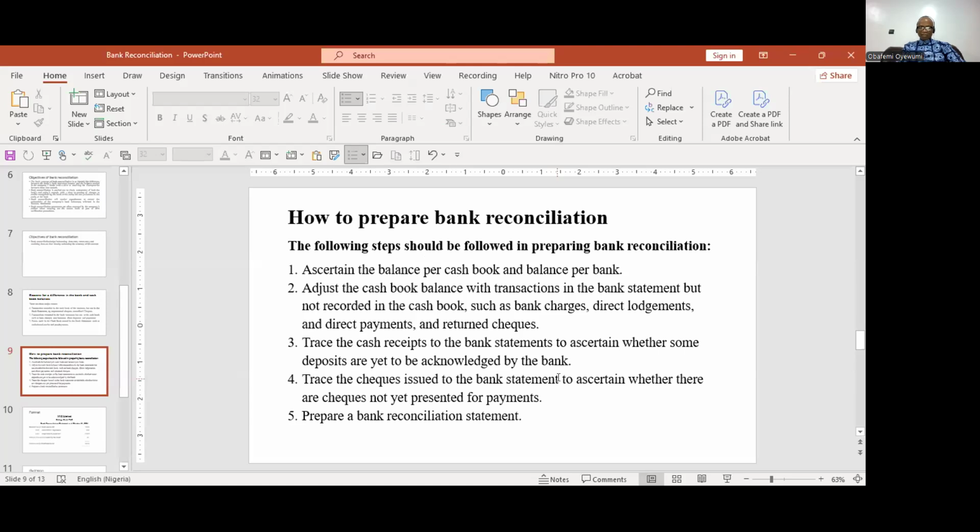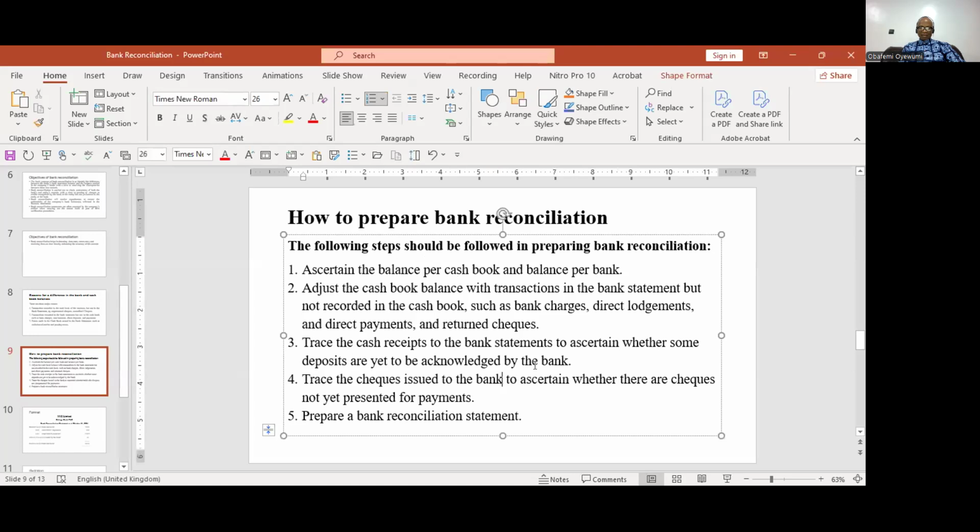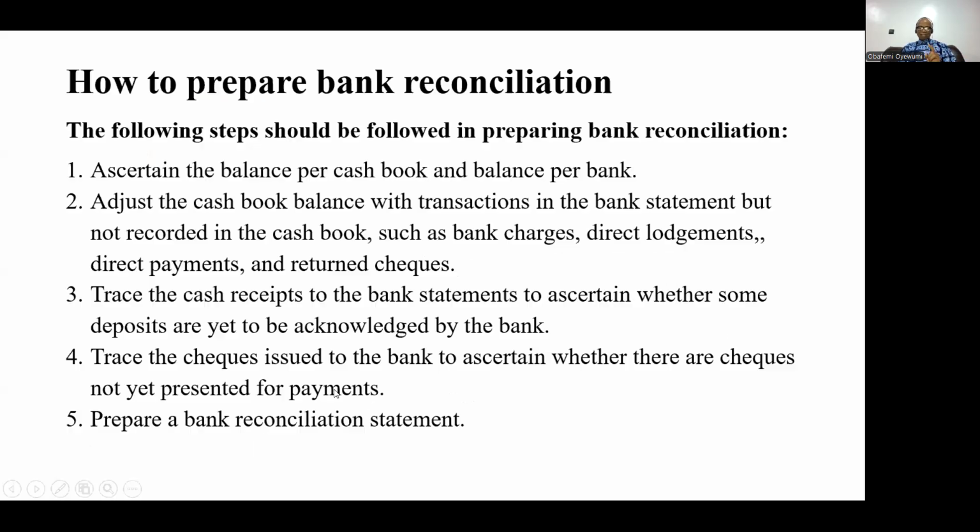Let me just correct that. It is important that you take note of this. Trace the checks issued to the bank to ascertain whether there are checks not yet presented for payment. This will help you to detect unpresented checks.